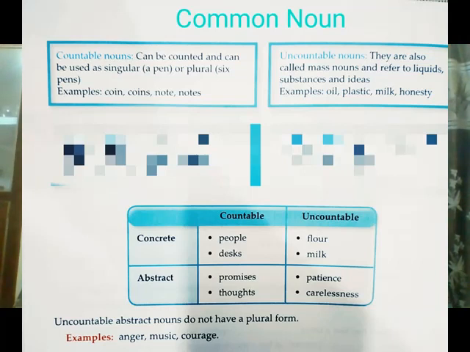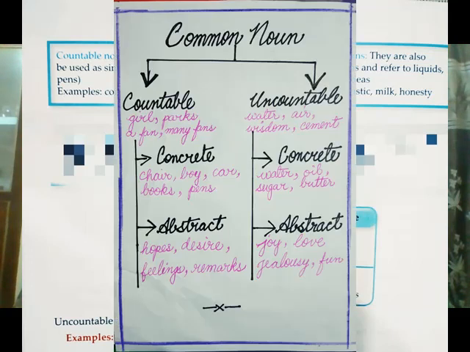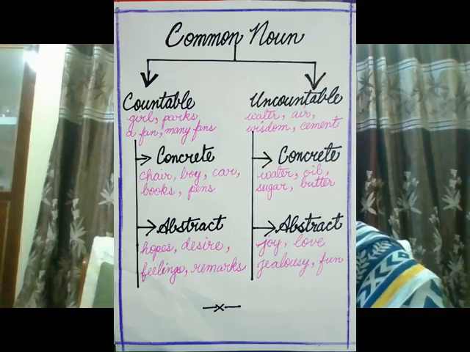In uncountable noun also you can see that it is divided into a concrete noun and also an abstract noun. That means common countable and common uncountable nouns have two categories each. We can say countable concrete noun, countable abstract noun. The same way we can say uncountable concrete noun and uncountable abstract noun.